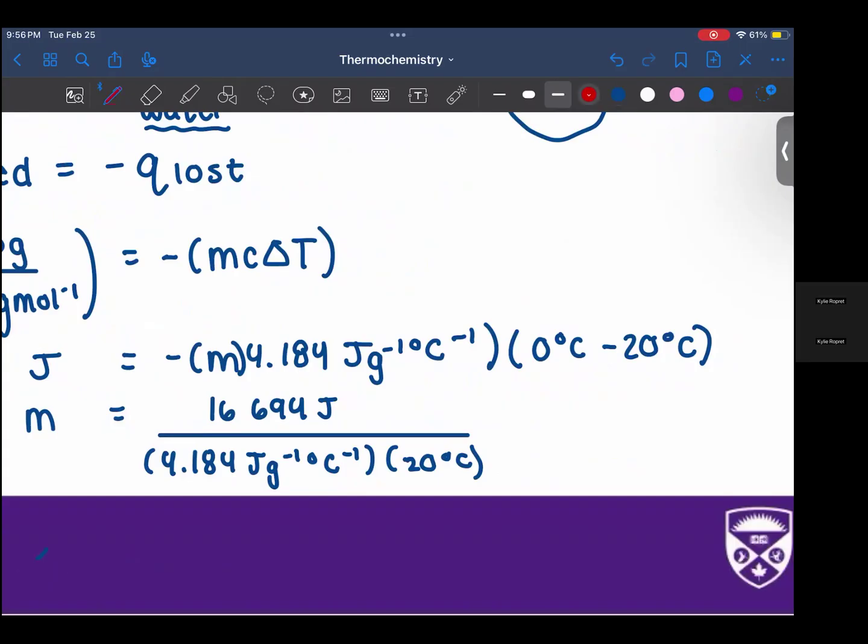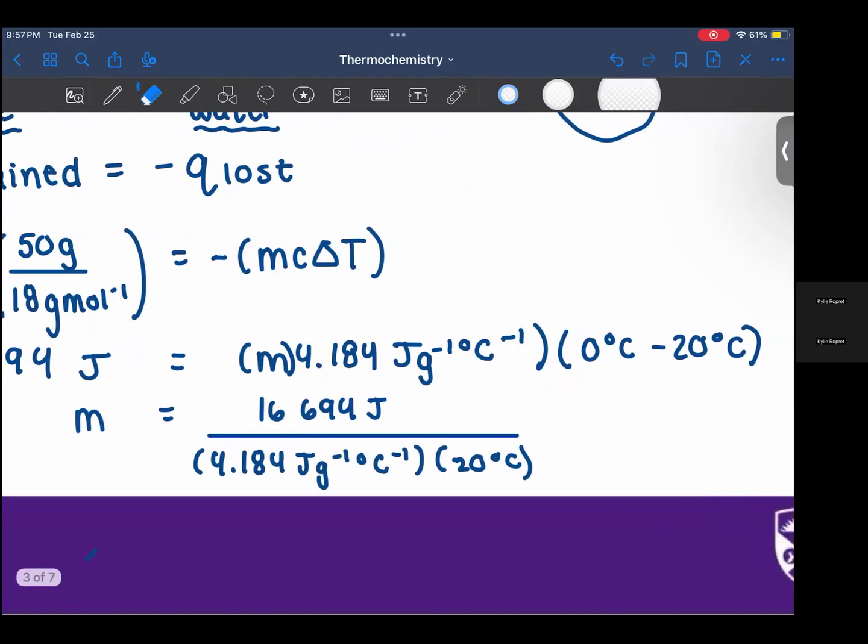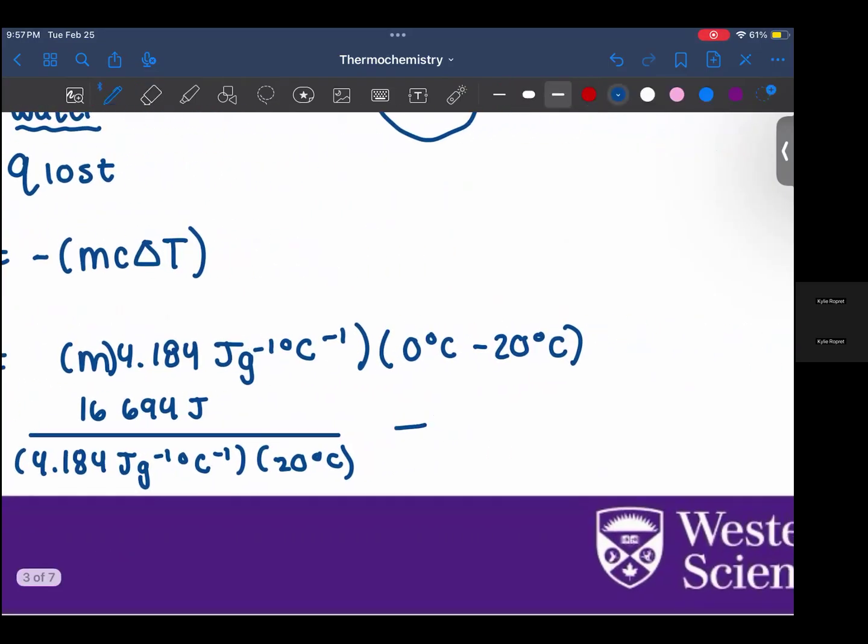And so this will be negative 20, but that will cancel out with this negative sign to give a positive, so that's why I don't have any negatives in my final calculation here.